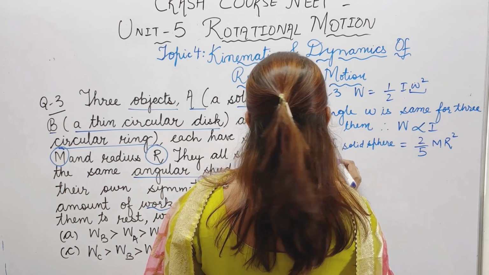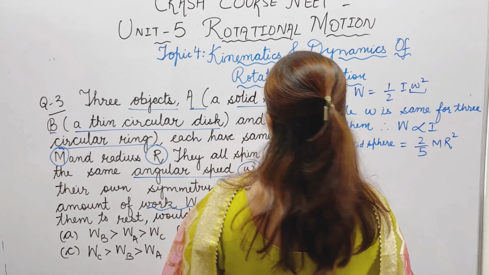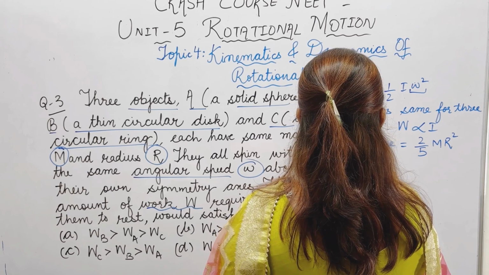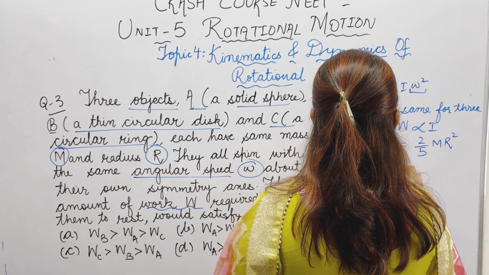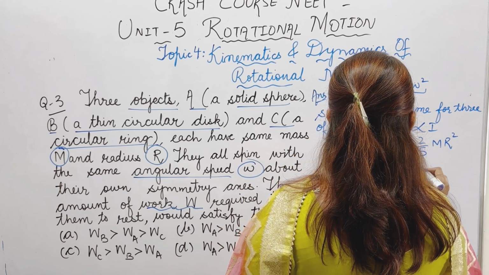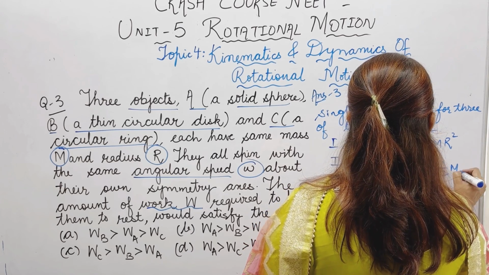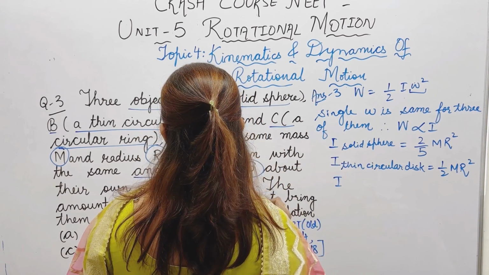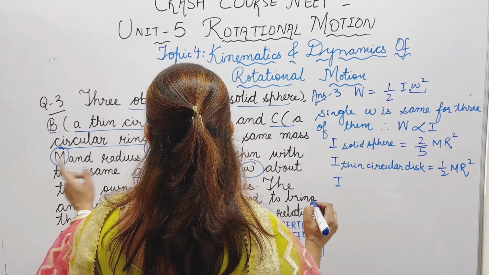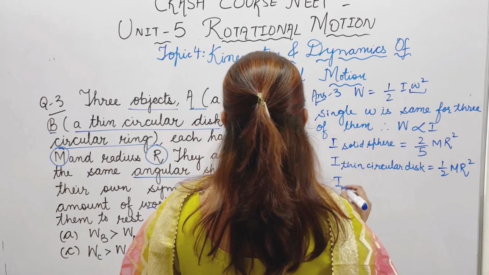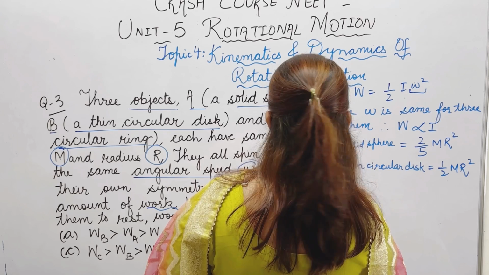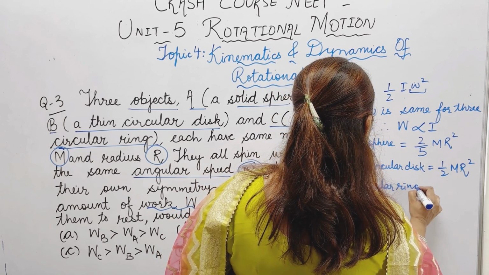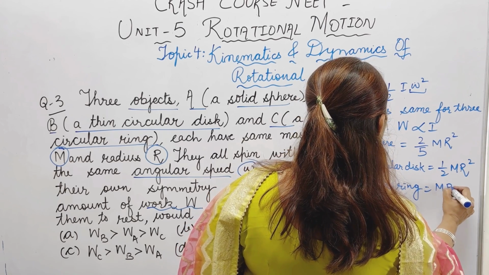Then the moment of inertia for a thin circular disc is half mr square, and the moment of inertia for a circular ring is mr square.